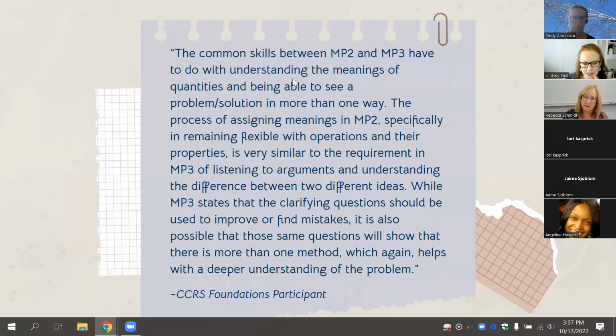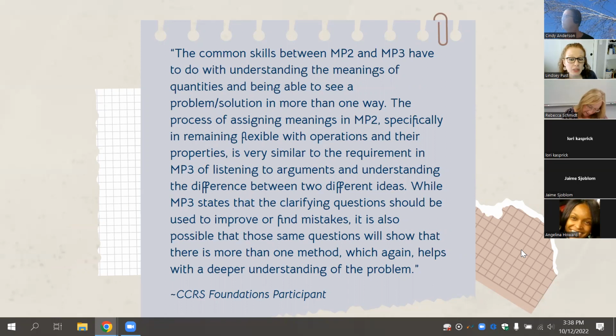All right. Here's a quote from the course that someone wrote. The common skills between MP2 and MP3 have to do with understanding the meanings of quantities and being able to see a problem solution in more than one way.